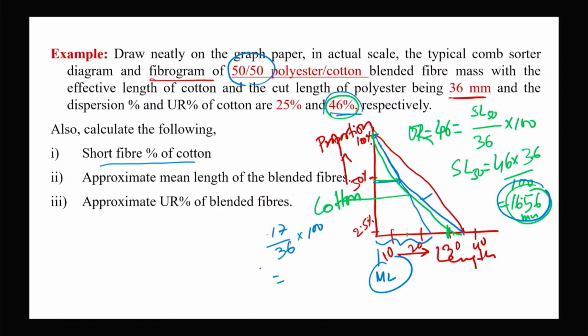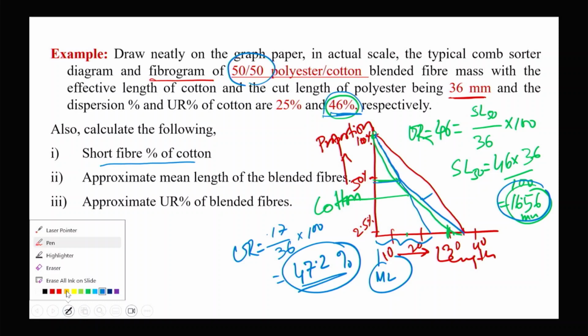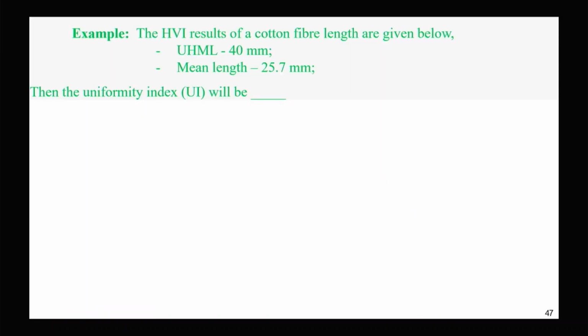So what will be the uniformity ratio? Sorry, 47.2%. Earlier it was 46%, now it has become 47.2%, mainly due to the blending with the polyester. So this way we can analyze.